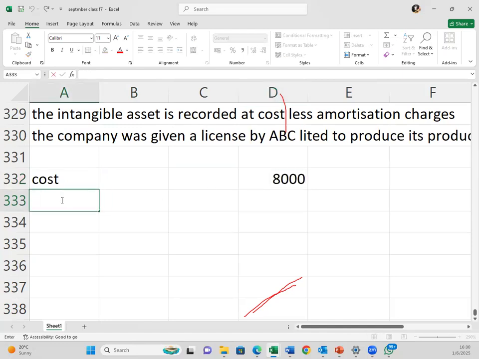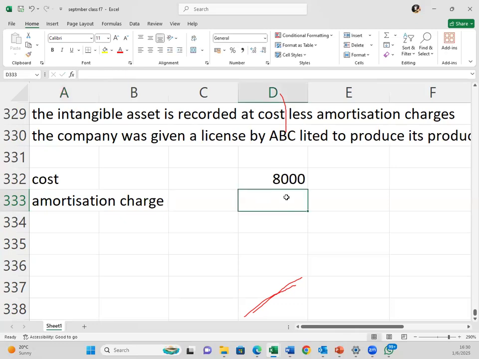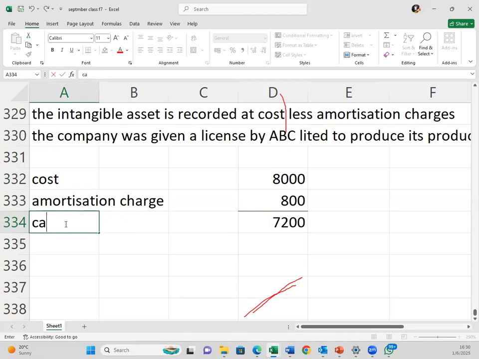Then we account for the amortization charge. The amortization charge will be the 8,000 divided by the period of 10 years. So at the end of the year, we are going to have a carrying amount of 7,200.